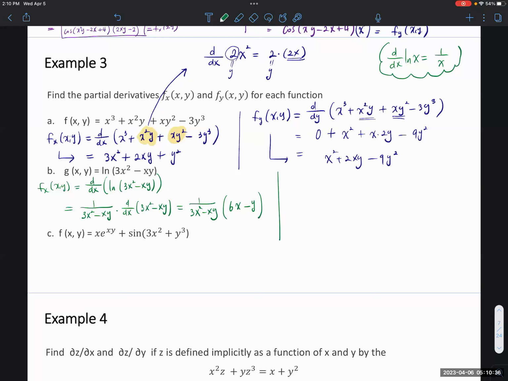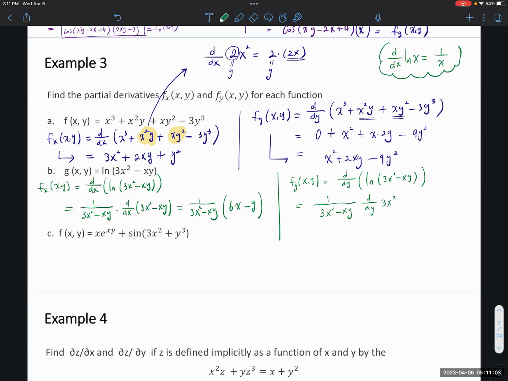One more time, f sub y of x, y, d over dy, we have ln(3x squared minus xy). So again, this is 1 over 3x squared minus xy, and you have to take the inside with the y variable.